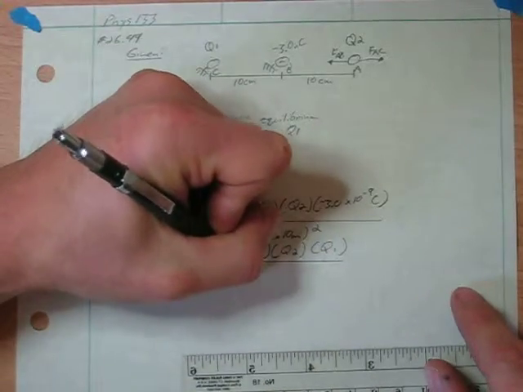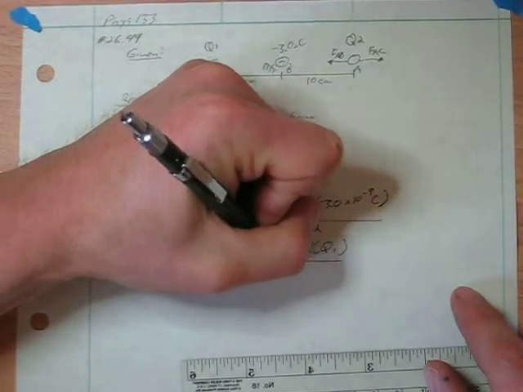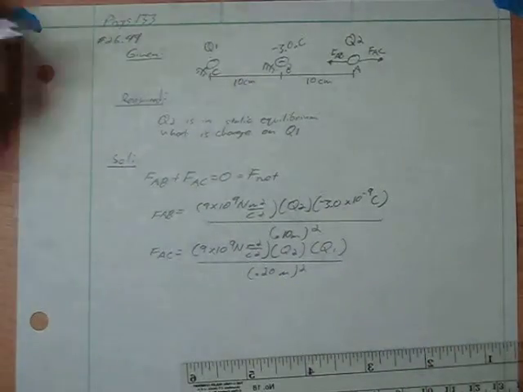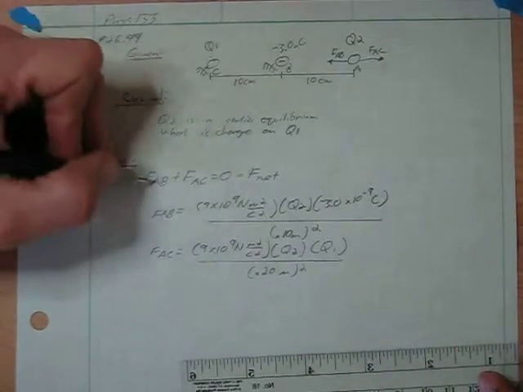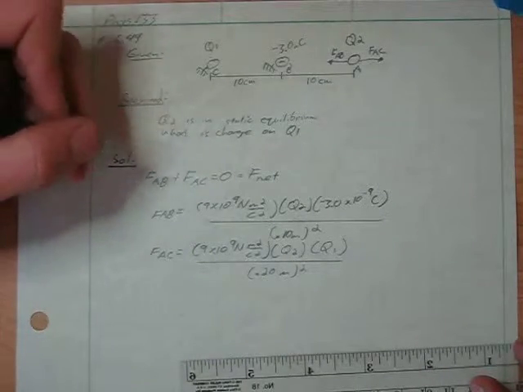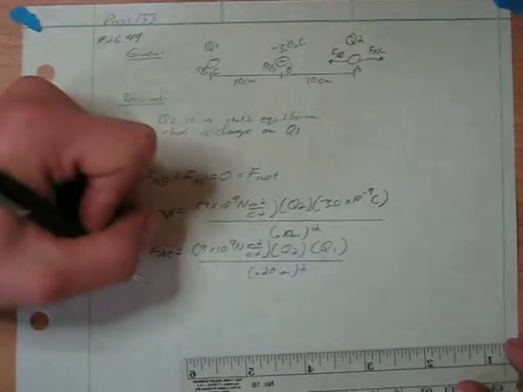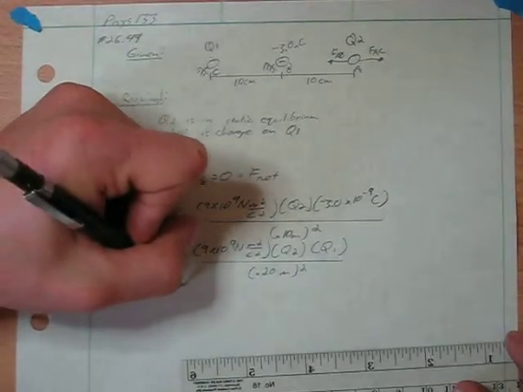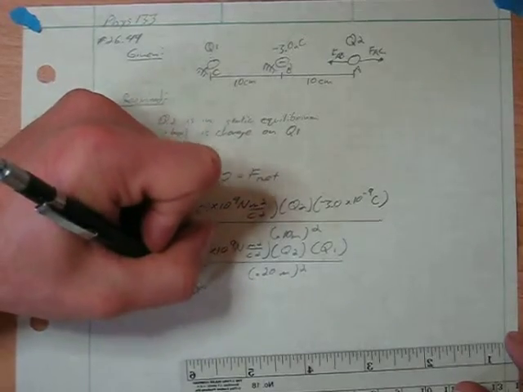Okay, so 0.20 meters squared. Okay, so let's see, FAB plus FAC equals 0. That means that we could say FAB is equal to negative FAC.